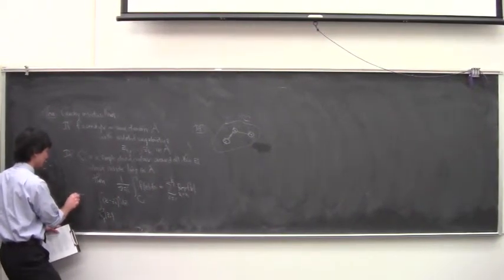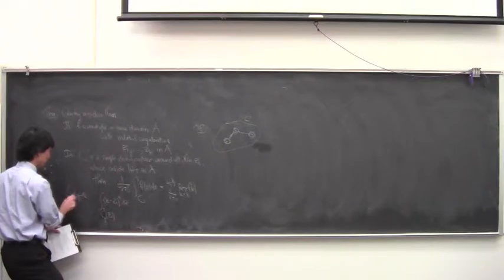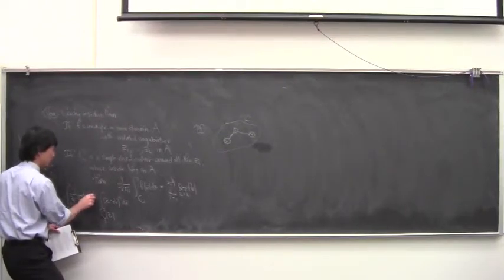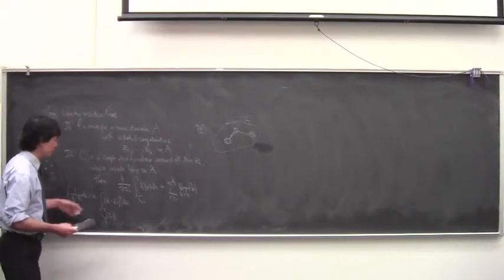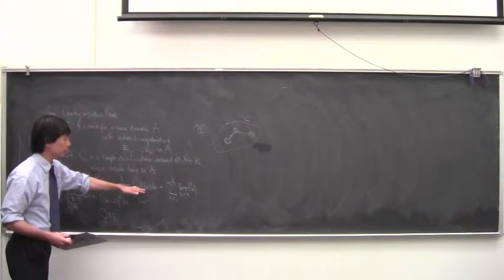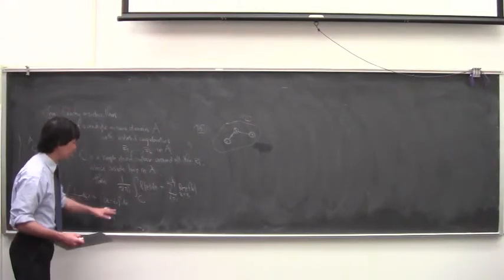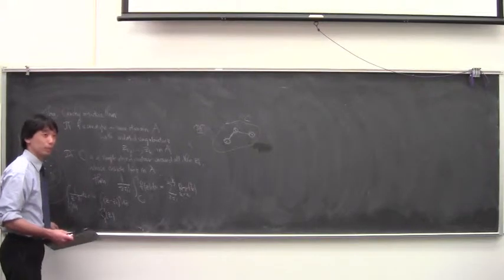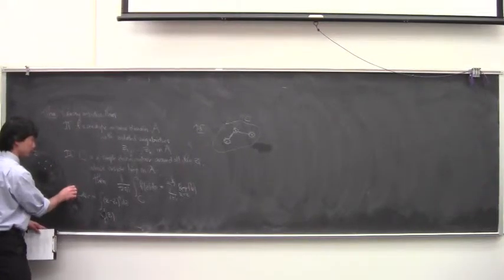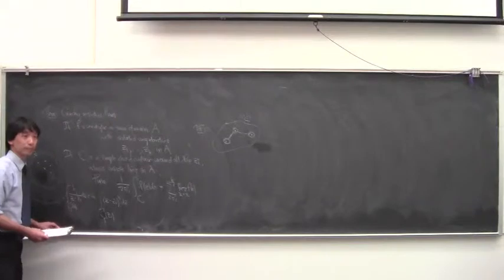We did this calculation in the beginning of the course. You end up with 2 pi i, and in all other cases, you get 0. So when you integrate, everything vanishes except for this one term, the b1 term.